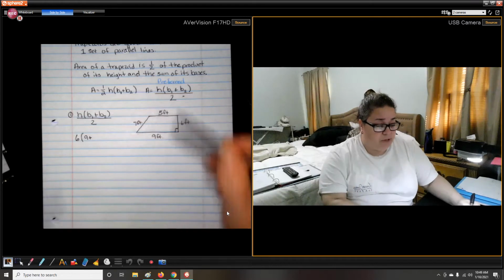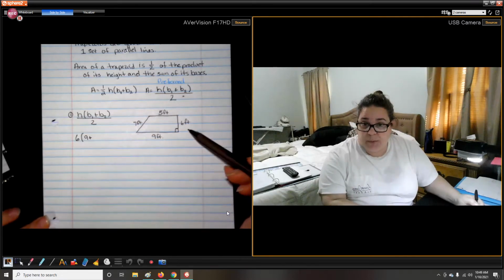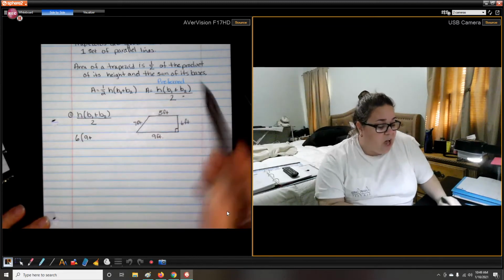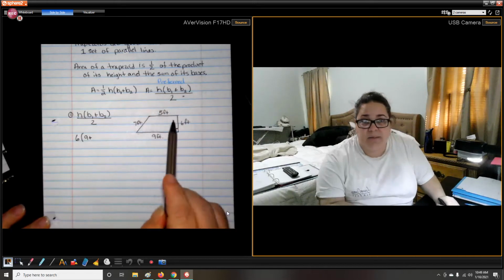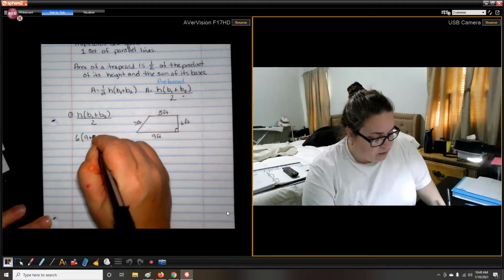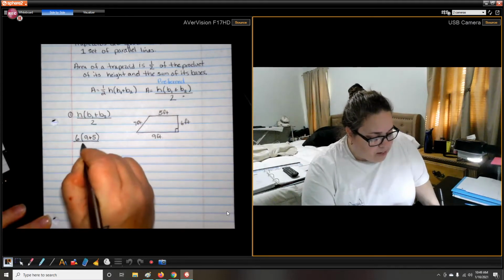I said we never use a slant. We already used this for the height. We already used this base for base 1. So the other parallel line is base 2. So that means I put the 5 in here. And then after I do that whole top, I divide it by 2.